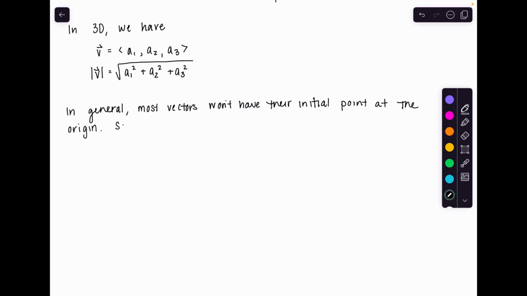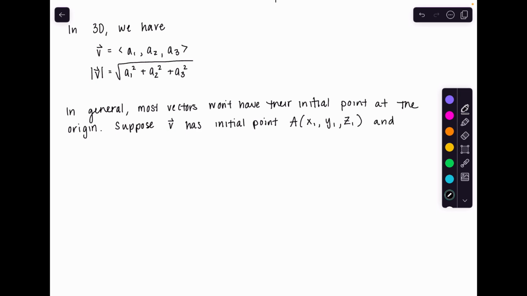So let's suppose that v has initial point a, which is some x1, y1, z1, and we'll indicate with subscripts that it's our starting point.